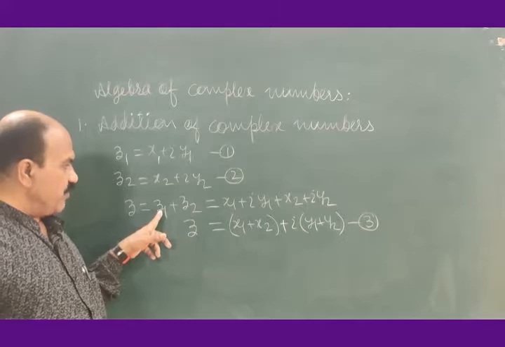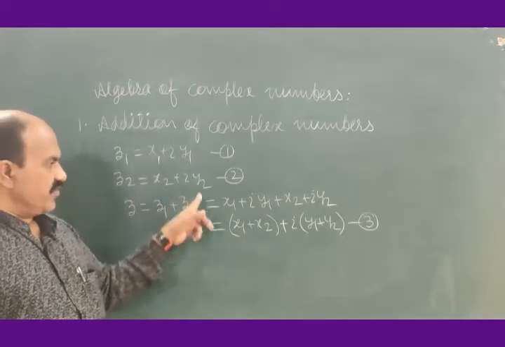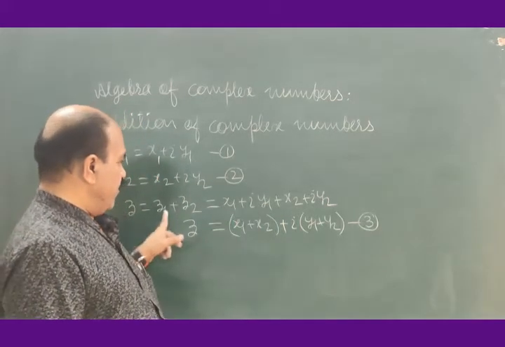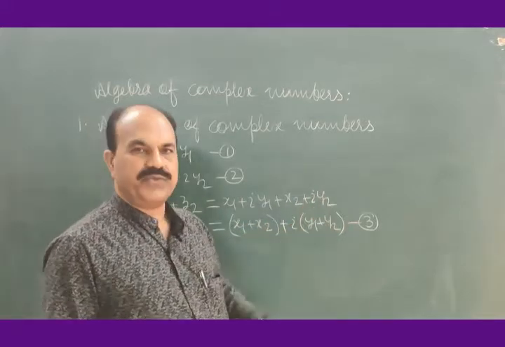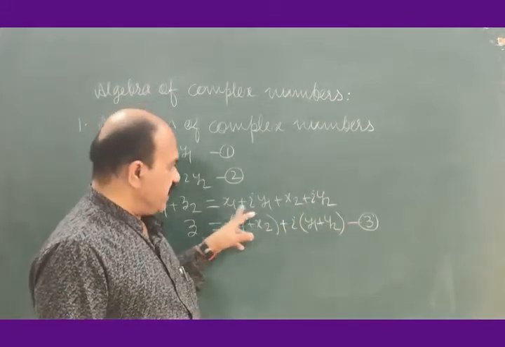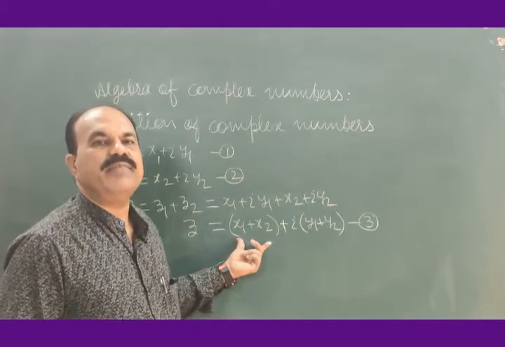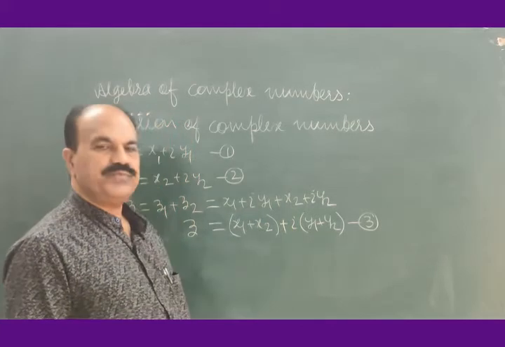Let us substitute value of Z1 from equation 1, value of Z2 from equation 2 here. x1 plus iy1 for Z1 plus, for Z2, x2 plus iy2. x1 is real, x2 is real, collect together, write in one bracket as x1 plus x2.